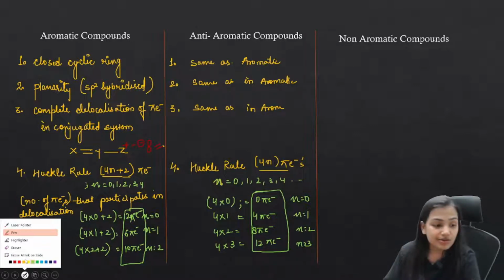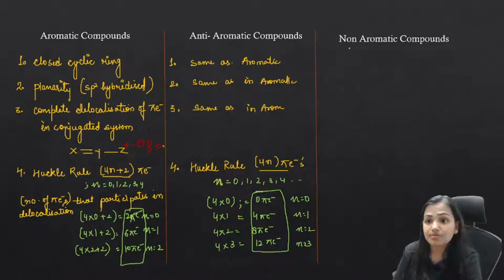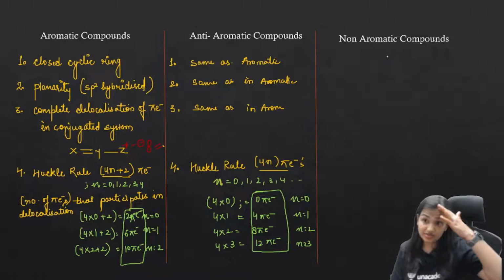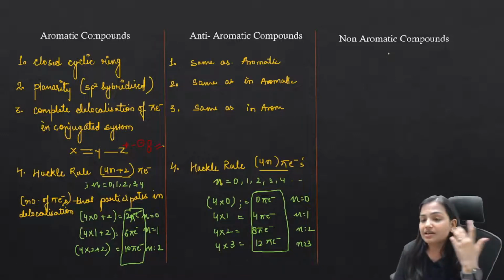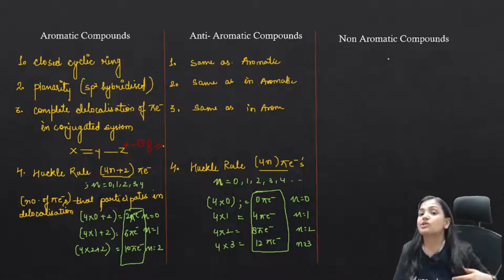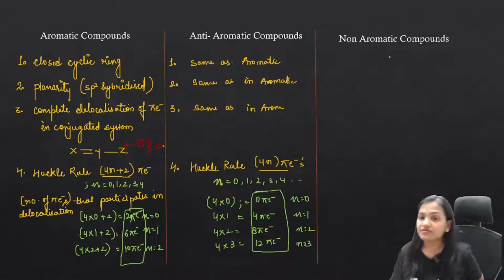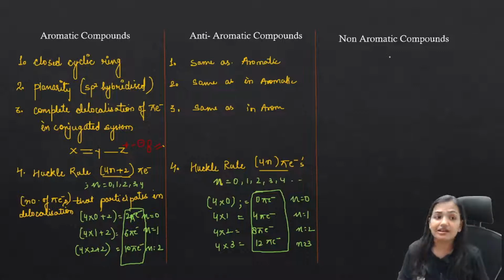Now let's focus on what happens in the case of non-aromatic compounds. Non-aromatic compounds are basically compounds which are not a closed cyclic ring. If some structure is there and it is not a closed cyclic ring, it is said to be non-aromatic.